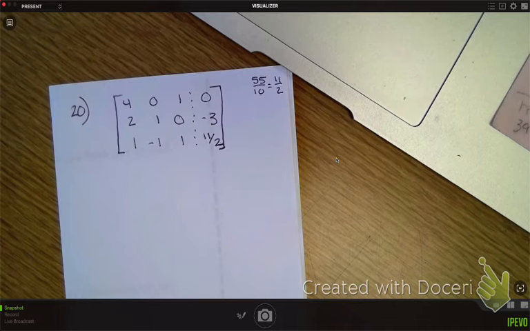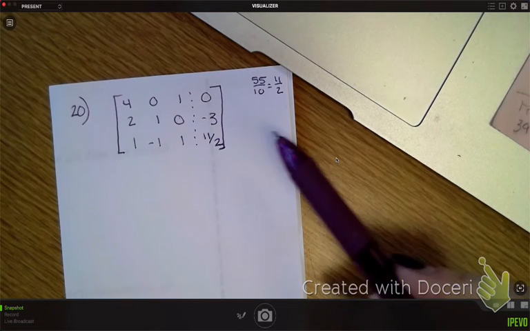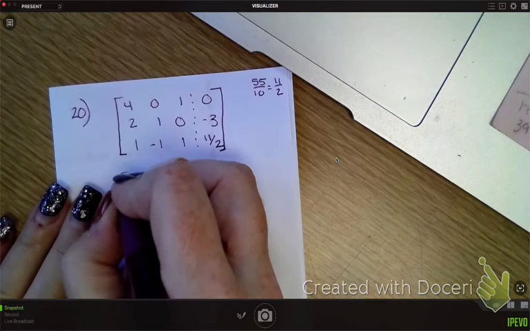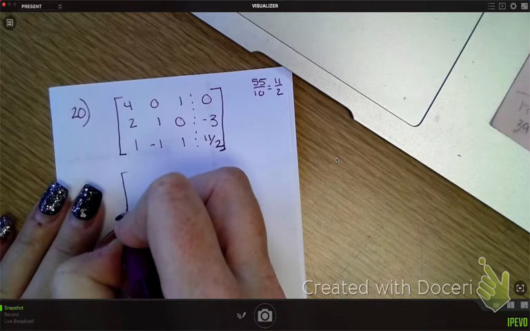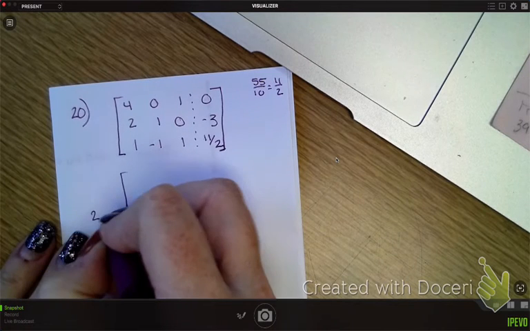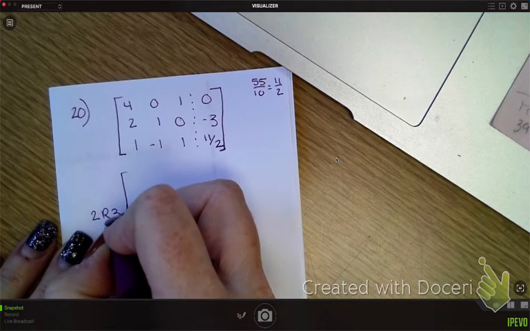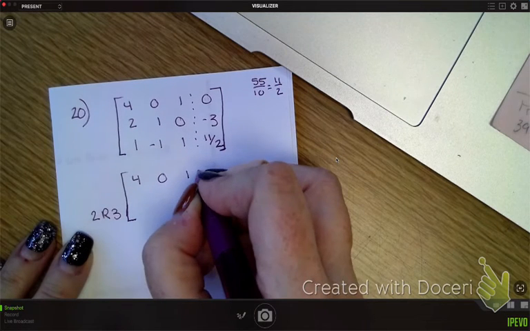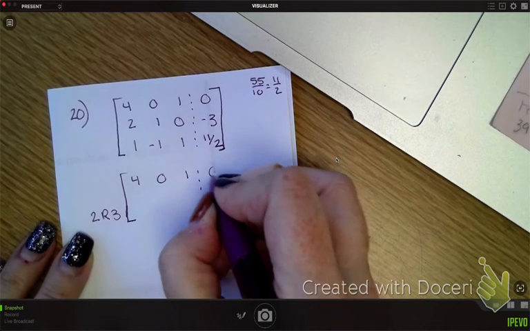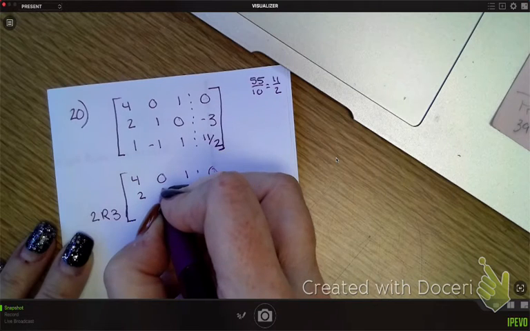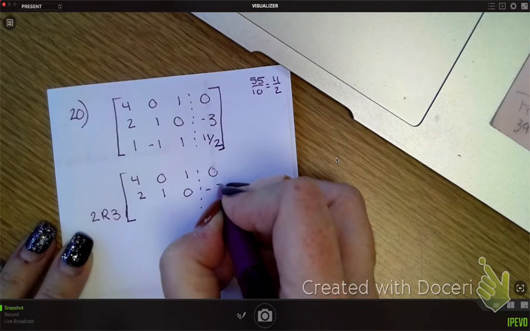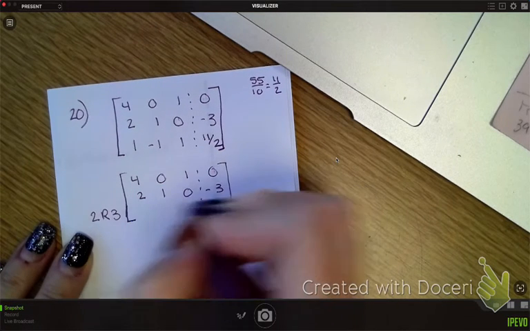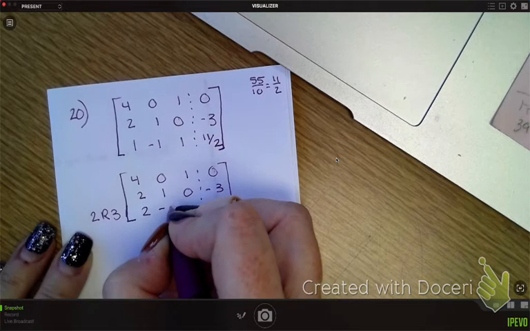So if I change it into 11 halves in my first step, and some people would say I'm making this harder, but if my first step is 2R3, it got rid of my 1s, but I don't have a decimal and I don't have a fraction. I have a hard enough time adding and subtracting whole numbers. What am I going to do when I get the rest of them, right?